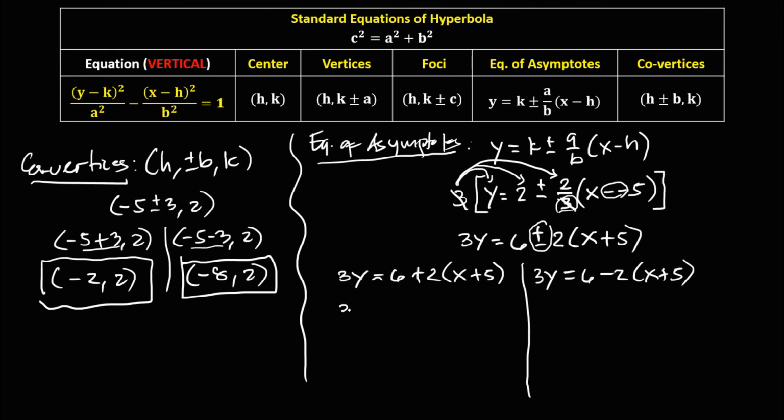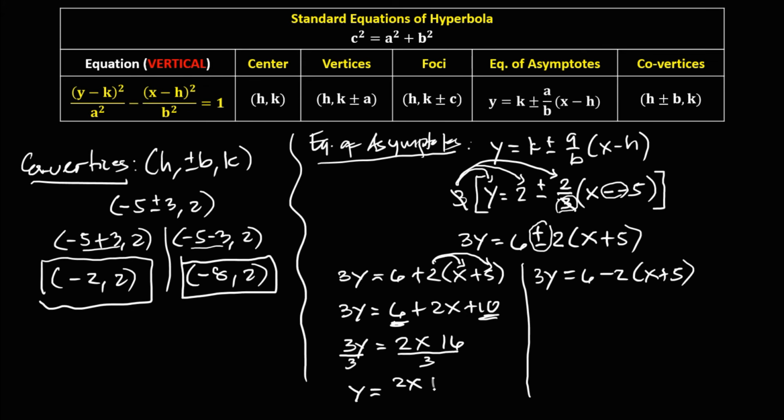Then to simplify, this is 3y equals 6 plus, so distribute, that's 2x, and 2 times 5, that's 10. Then we have 3y equals 2x, 6 plus 10, this one is 16. Then divide by 3, so therefore y equals 2x plus 16 over 3. So this is the first equation of the asymptote.